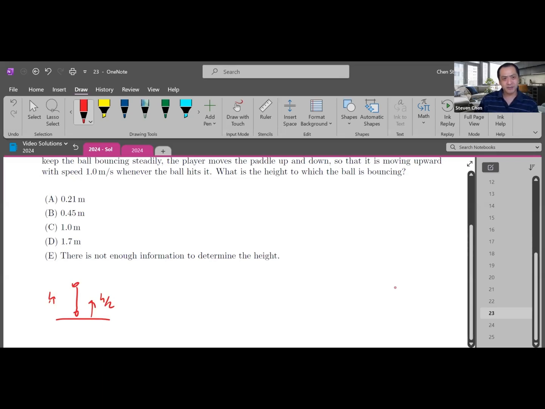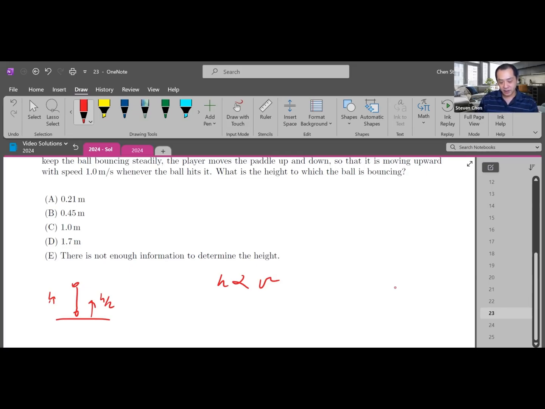So what does it tell us? Because we know that h is proportional to v squared, where v is the speed when the ball is ready to collide with the paddle, after the collision we can only reach half of the height.